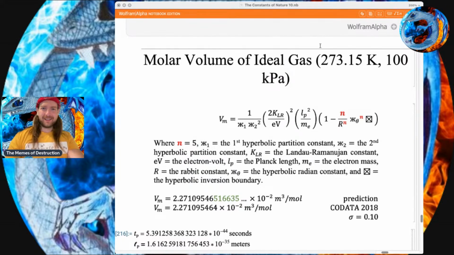What the ideal gas? A lot of space. Oh, that's very interesting. What the? Don't mind me.